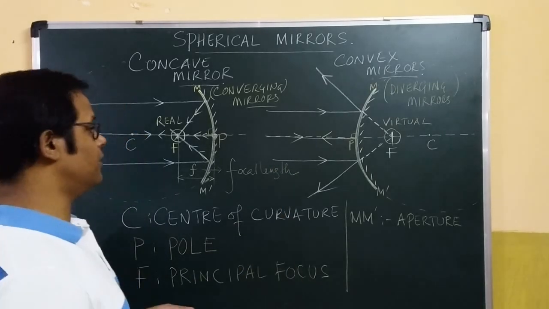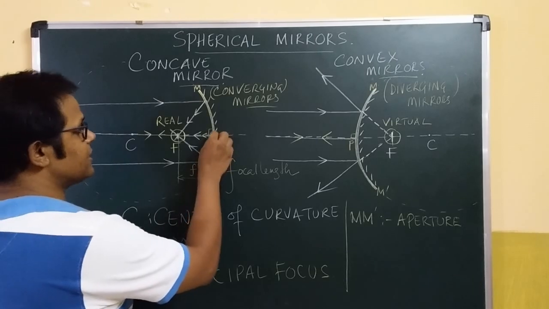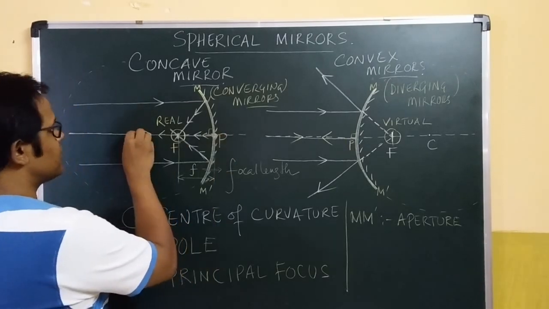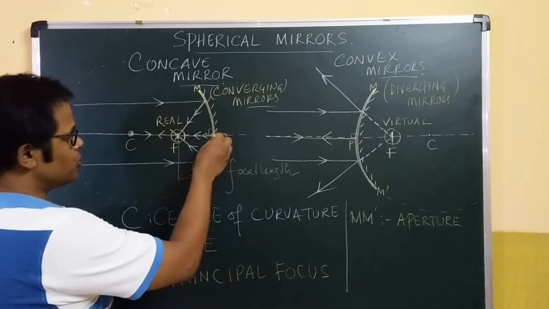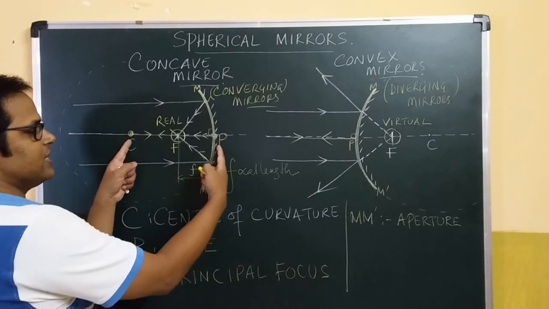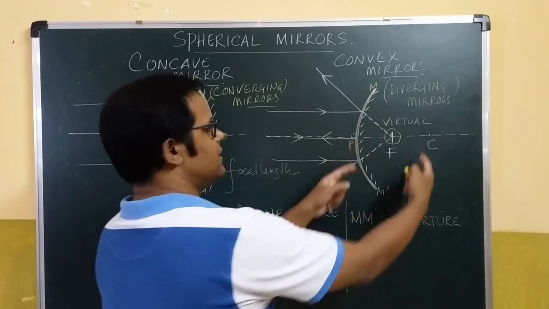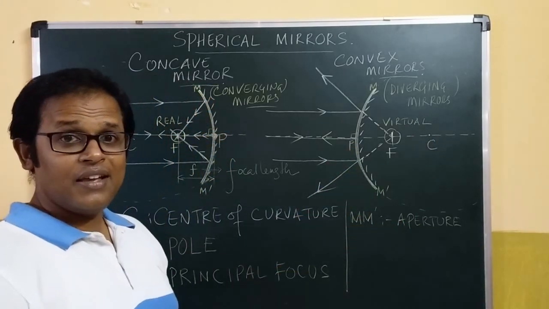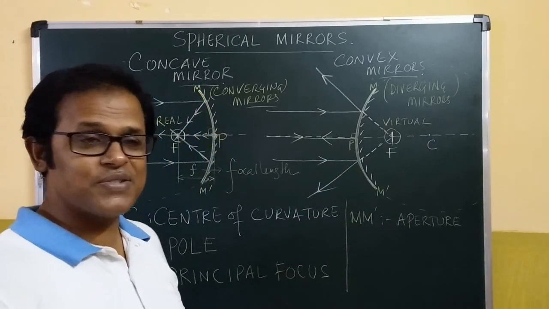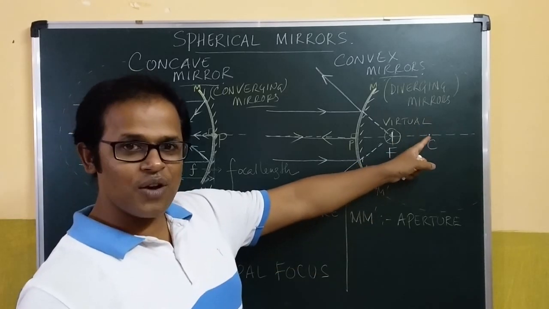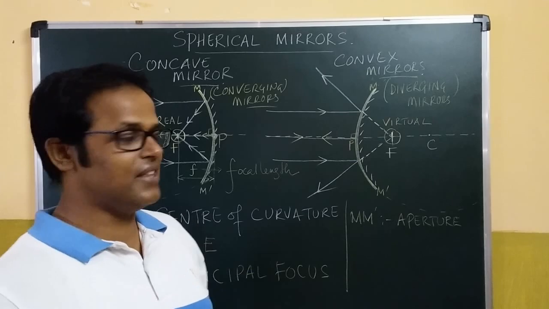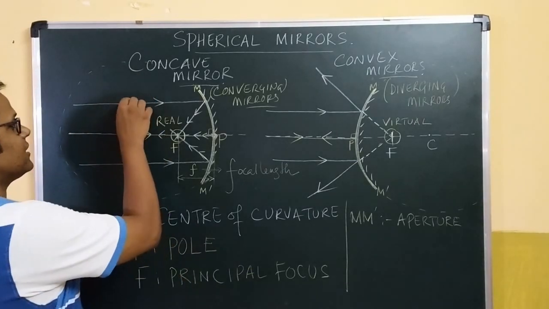And one more important distance is from pole to the center of curvature of the mirror. From pole to the center of curvature, this distance, can you guess this distance name? Yeah, it comes from the studies of circles, because it is the distance from the center of a circle or the center of a sphere to its circumference, and hence the correct name.